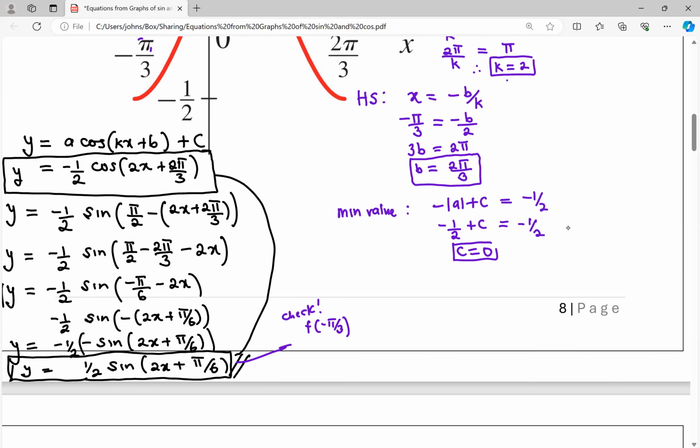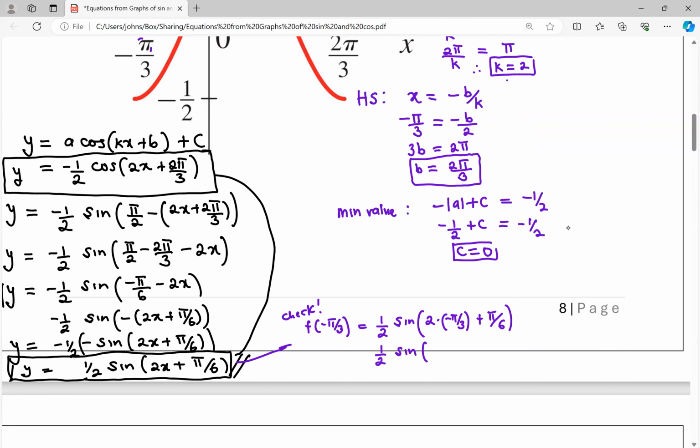So this will be, based on this, it will be half sine 2 times what? Minus pi over 3, right? Then plus, say pi over what? Is it pi over 6? So this is going to be half sine. This is just what?